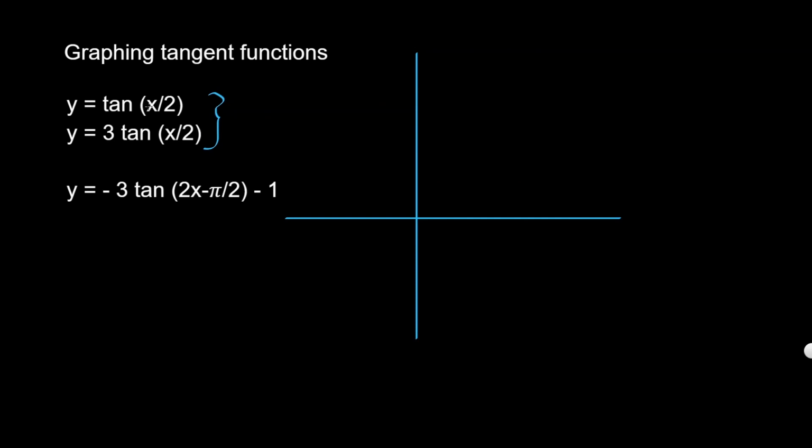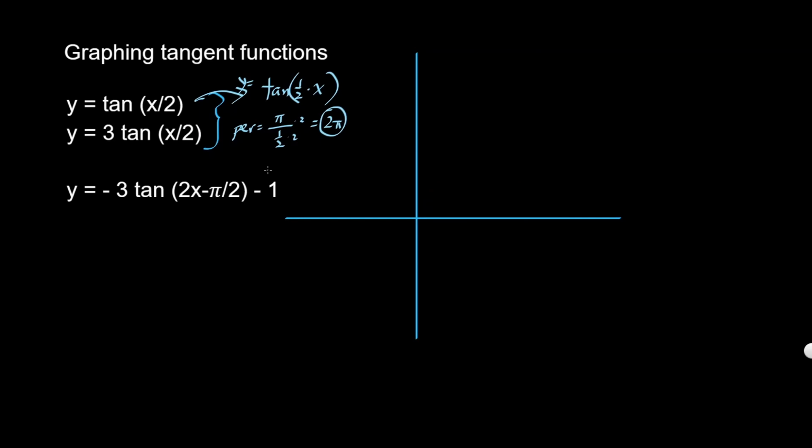Again, we got a b term, so if you rewrite that, y is equal to tangent of 1/2 times x. Okay, so our b is no longer 1; it's 1/2. So the period will change. The period will be pi over that b term, which is 1 over 2. So if you multiply by 2 top and bottom, the period is going to be 2 pi.